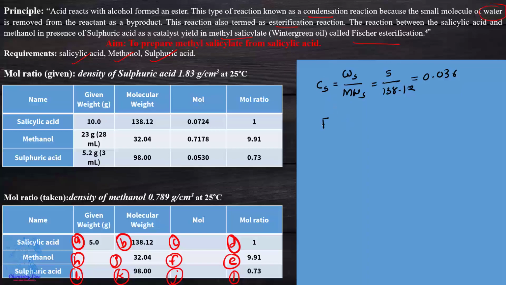So if we want F, what do we do? We proceed with CS times E. CS is equal to 0.036 and E is equal to 9.91. So here we get 0.35.